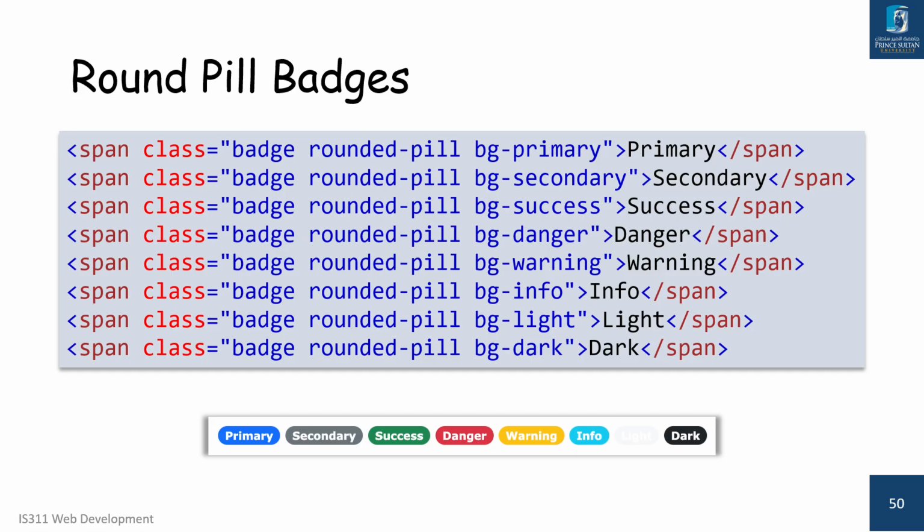So we can do that. rounded-pill makes this style. And then of course we have bg. So we are applying three different styles on this. The first style is badge. The second style makes it a rounded capsule shape. And the third one changes the background color.